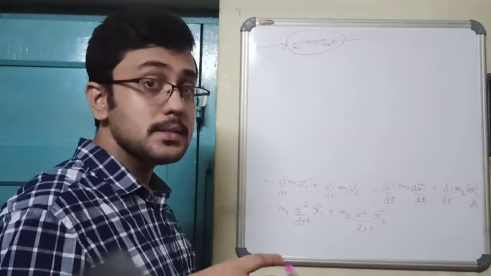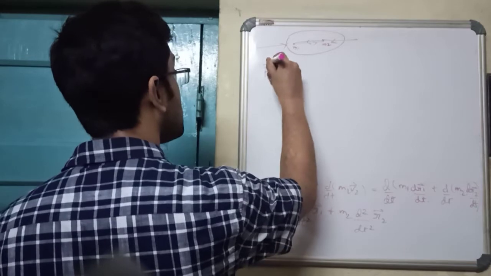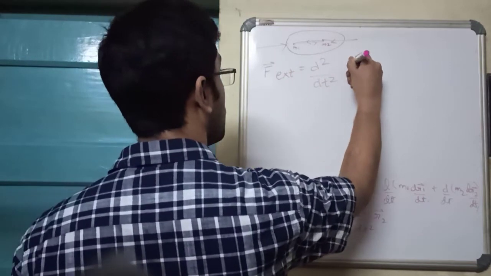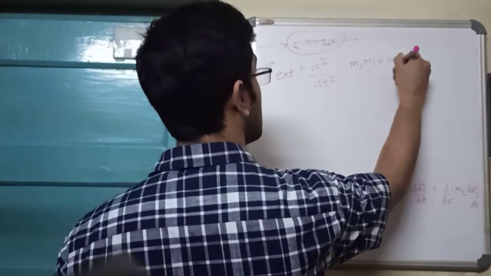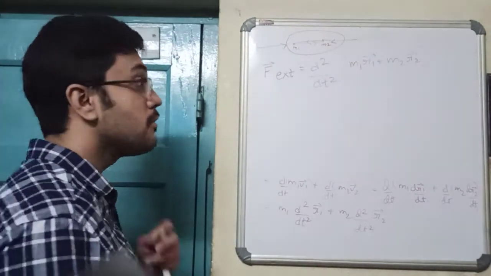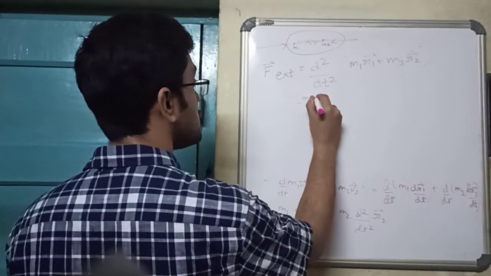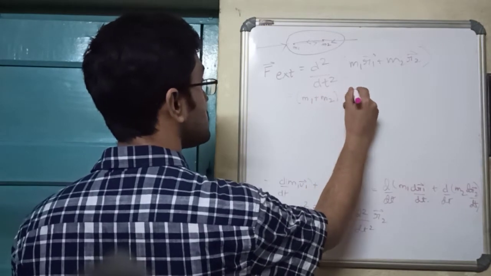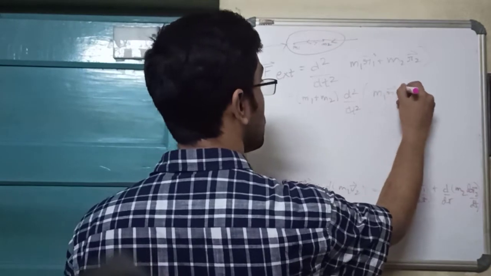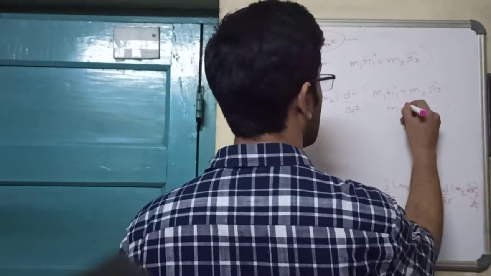So I can basically write this down as that force external is equal to the double derivative of m1 r1 plus m2 r2. I can write it down like this. Now what I will do is multiply the numerator and denominator by m1 plus m2. So this will become m1 plus m2 times d2/dt2 of m1 r1 plus m2 r2 by m1 plus m2.